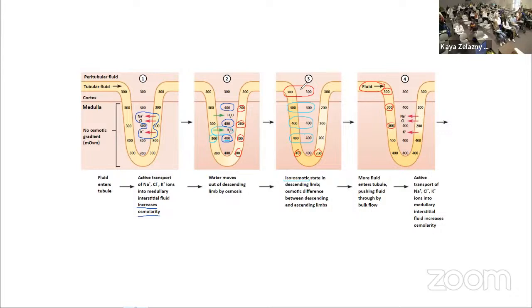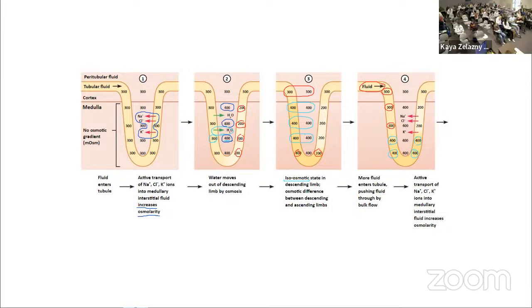So we push down this fluid that was previously in the cortex, and I'll circle them in the same color. The fluid that was previously in the descending limb is now pushing forward as well, and we just pushed it on up, partially into the ascending limb. And then the remaining stuff is fluid that was in the ascending limb before.